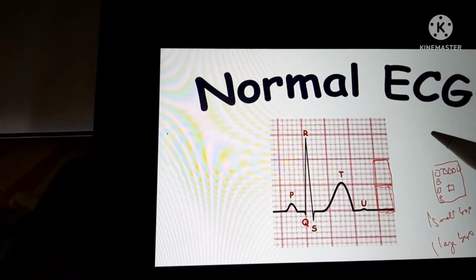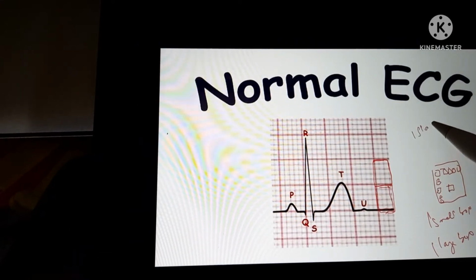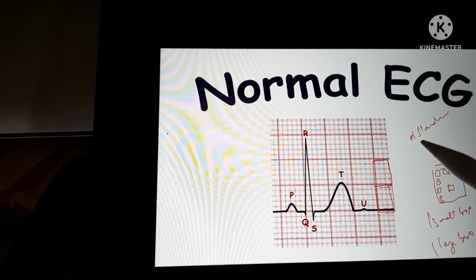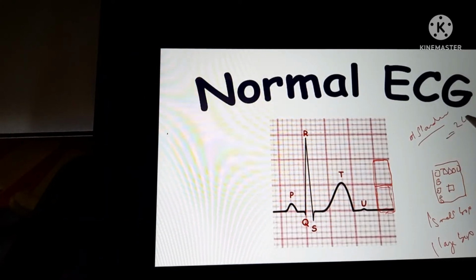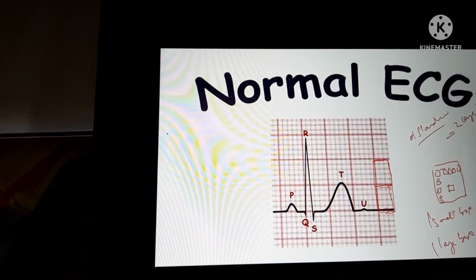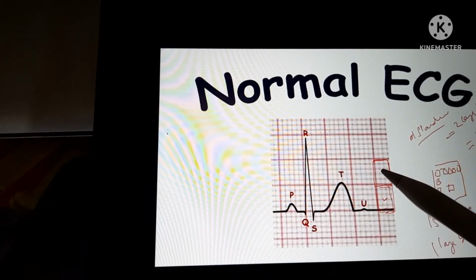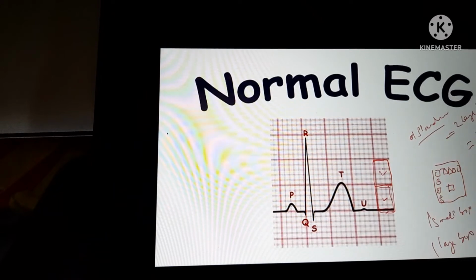That means one standardization should be two large boxes, that is equal to how much? 10 mm. One large box is 5 mm, and 5 mm and 5 mm makes 10 mm.